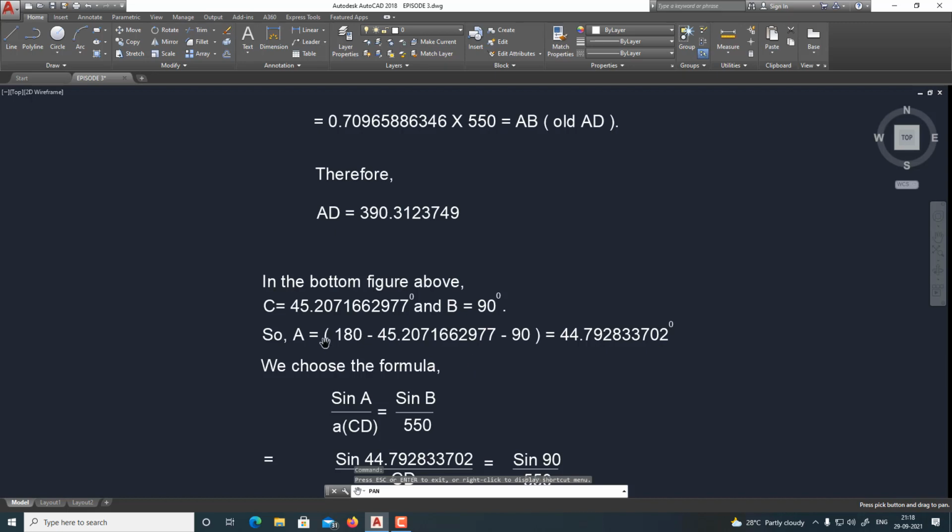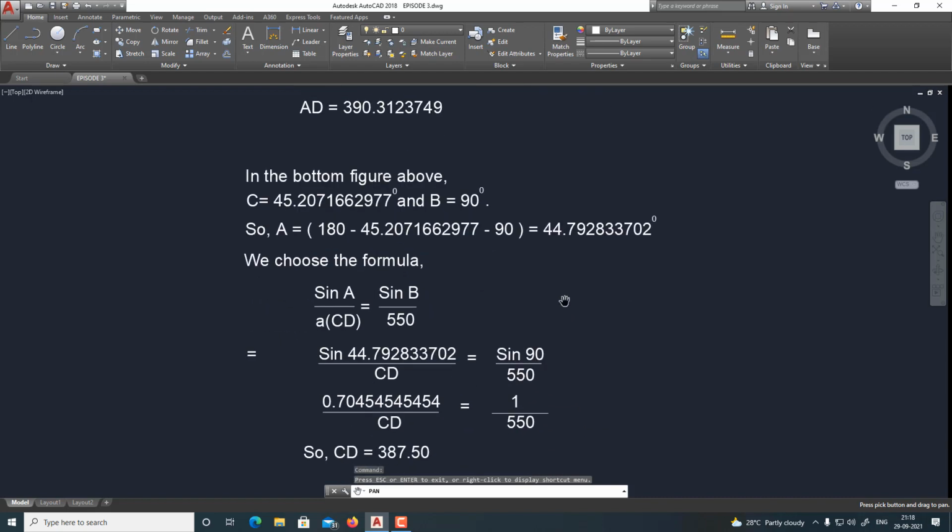So we don't know A, but we know the sum of the angles and we know two other angles. So if we deduct the other two angles, we will get the third angle. The third angle here is, after simplification, 44.792833702 degrees.